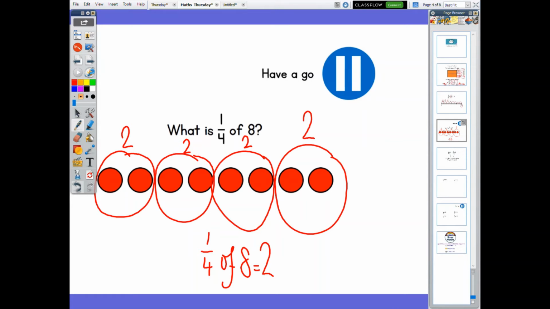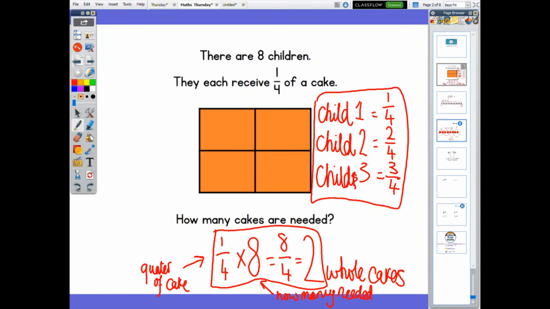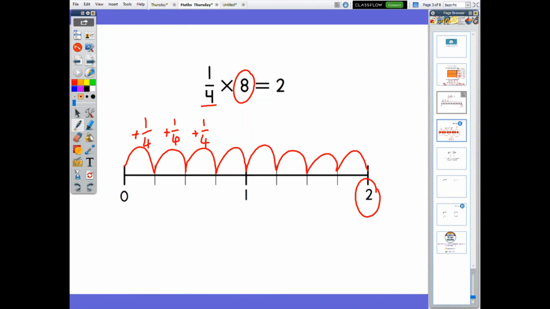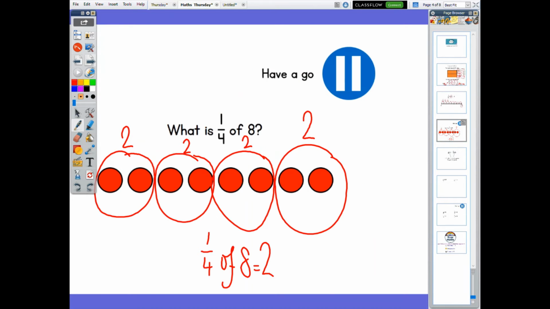Okay, so what do you notice about these 3 questions? I've got 1/4 times 8 here gives me 2. I've got 1/4 times 8 here gives me 2, but using a different method. And I've got 1/4 of 8 to give me 2. You will see that the answers are all the same, even though the terminology is different.